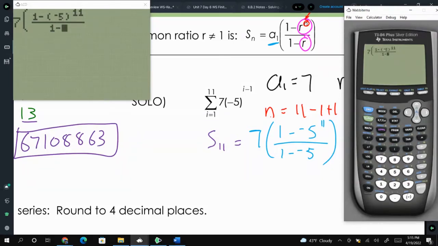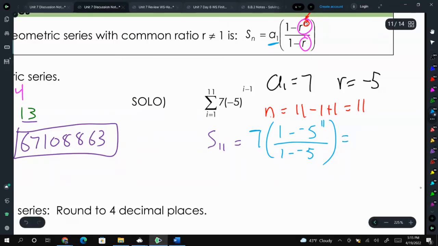If you know that 1 minus -5 is going to be 6, and you want to type it as 6, you can do that. So now we get that as our sum, that honkin' big number. So this is going to be 56,966,147.